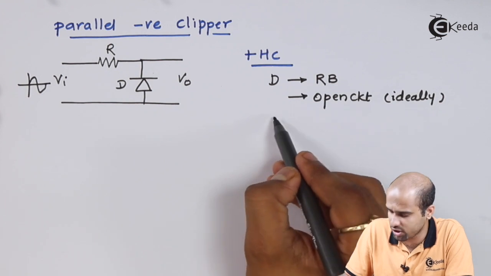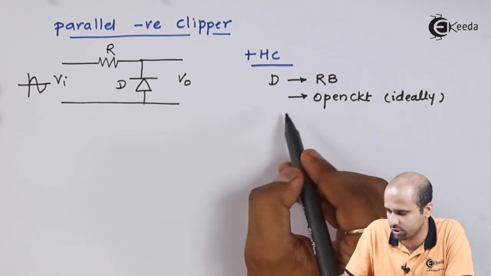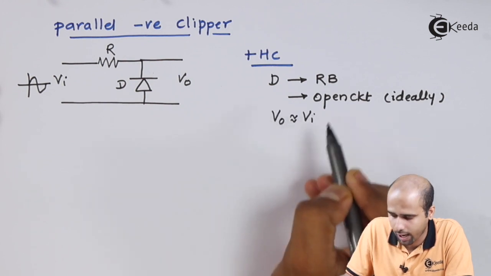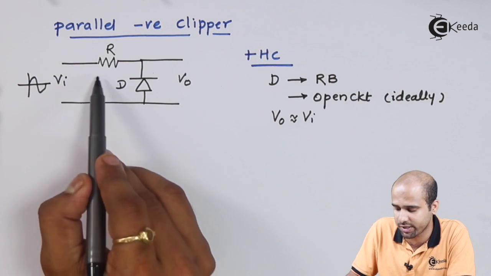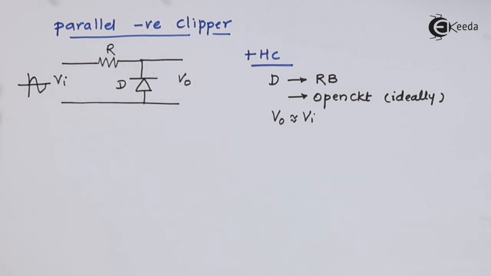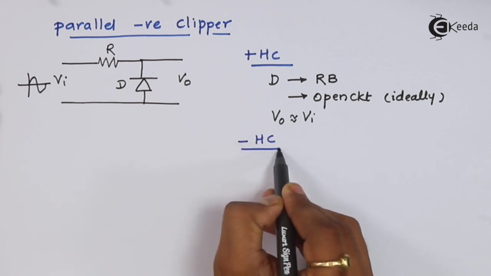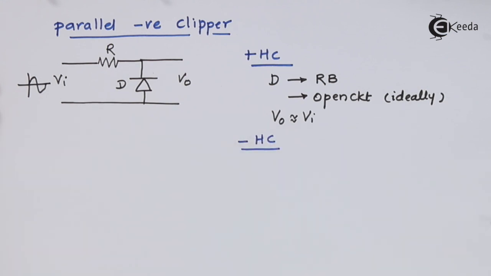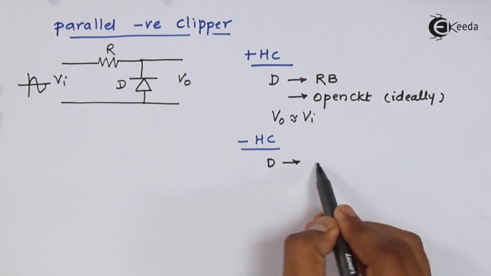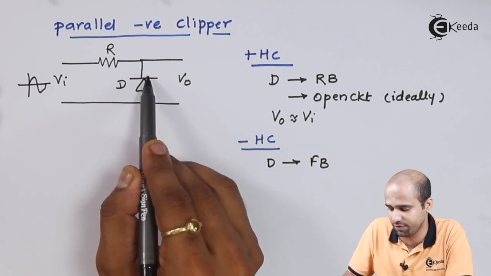As it is an open circuit, the output voltage has no other option than following the input signal, so VO is nearly equal to VI. Nearly equal, because there will be some voltage drop across this resistance R. Let us follow the next half cycle, that is the negative half cycle. In the negative half cycle, the diode D is forward bias, as the anode is positive with respect to the cathode.